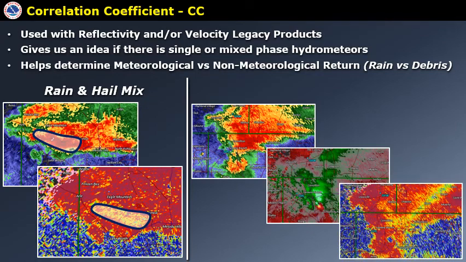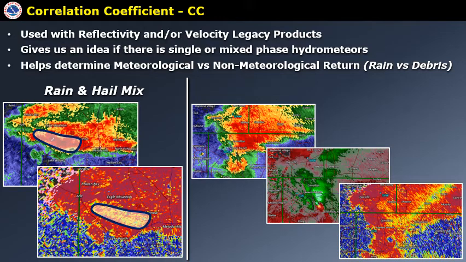Now the imagery on the right is probably one of the more powerful applications of dual pole radar. From the reflectivity and velocity images, we can see the hook echo and velocity couplet respectively.